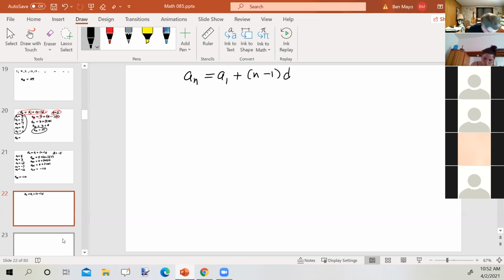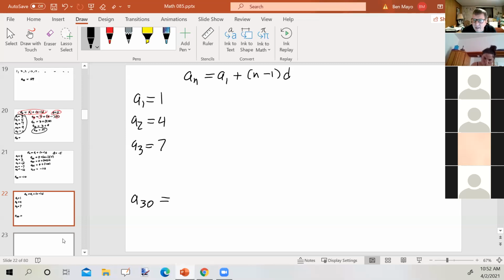The first 3 terms: a sub 1 is 1, a sub 2 is 4, and a sub 3 is 7. And we are to find the 30th term. So we need to find a sub 30.